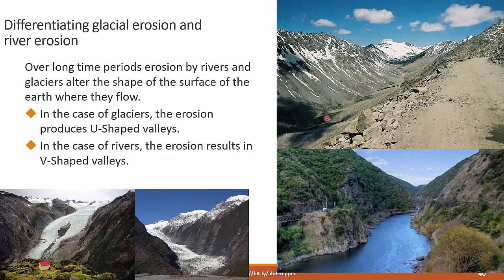This is the valley. In the case of a glacier, because glaciers move very slowly, ice moves slowly, look how flattened that valley is. It is flat somewhat at the bottom. We say it is U-shaped. Look here, it looks like a U. So that's why we call it U-shaped.